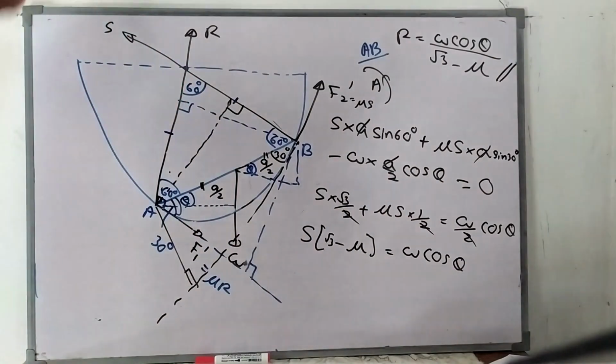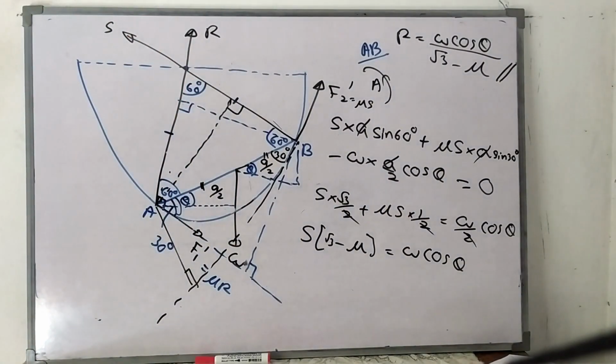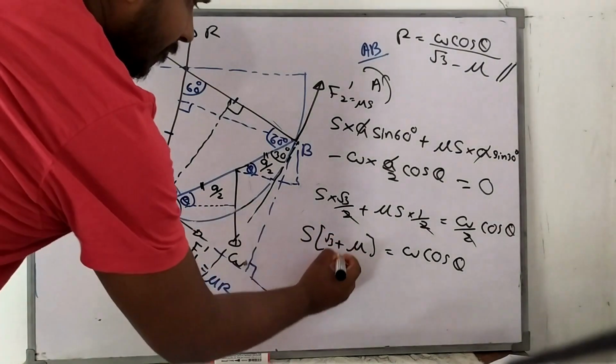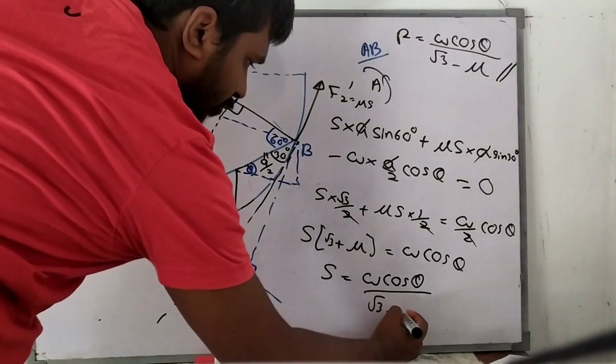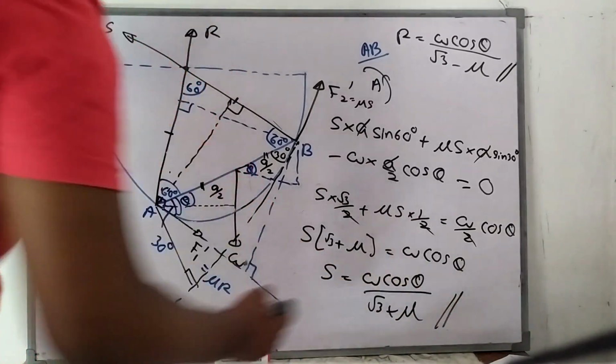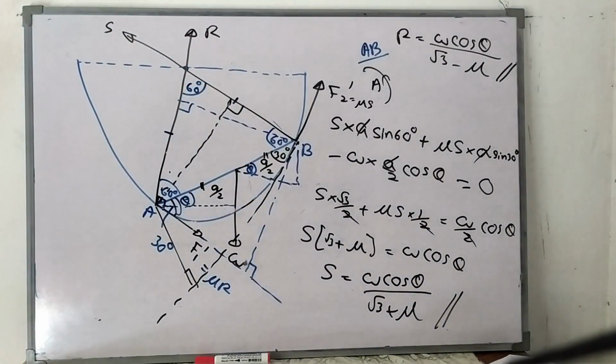Mu S is rotating in the other direction, so it's plus. So S will be mu W cos theta over root 3 plus mu. Comparing with R, the only difference is that here the denominator has plus, while R has minus. That's the only thing. So successfully we found the other reaction as well. Now we have S and R both.